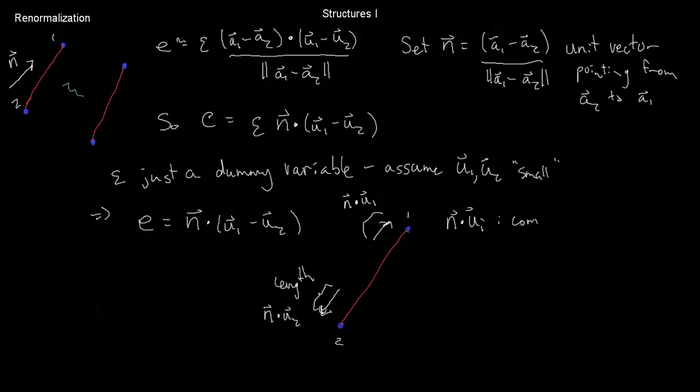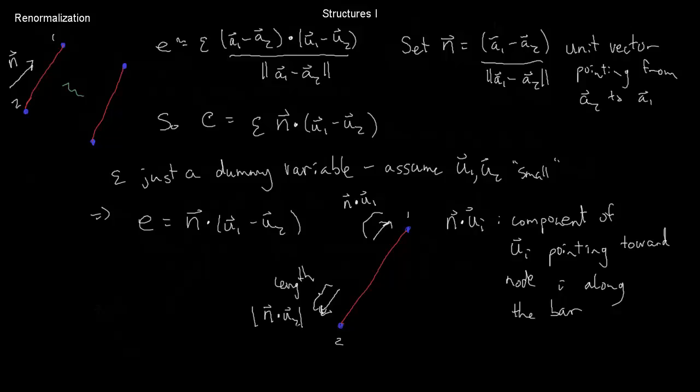So in short, n dot ui is the component of ui that points toward node i. And again, those should be in absolute values. The n dot u1 and n dot u2 that I've drawn are the lengths of those arrows. So these are exactly the component of the displacement vector that points toward node i.